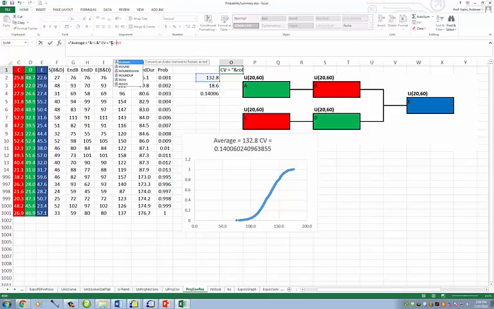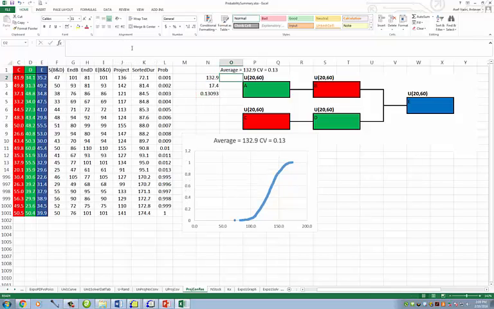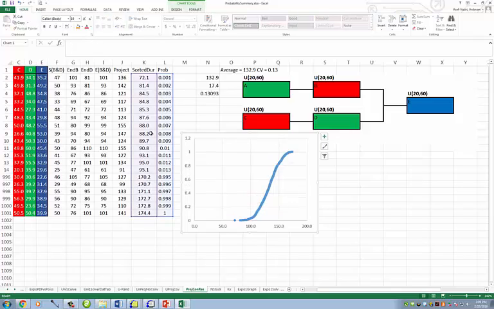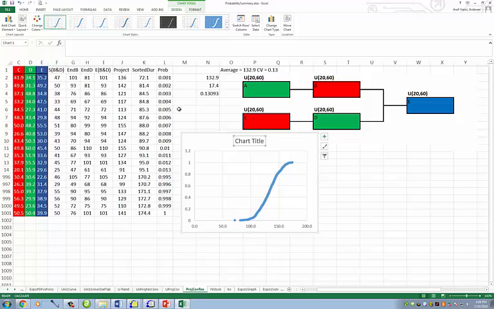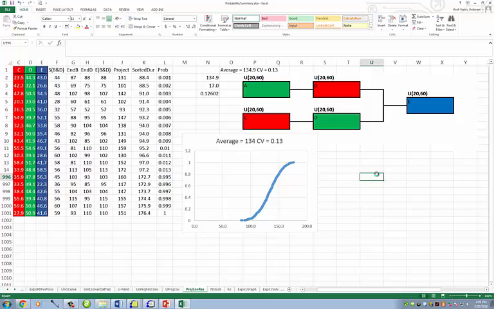Round to, let's see. So I can go here, select the chart, this side, add chart element, chart title, above the chart, select this one, go here, equal to, click on this, enter, and that is our project.